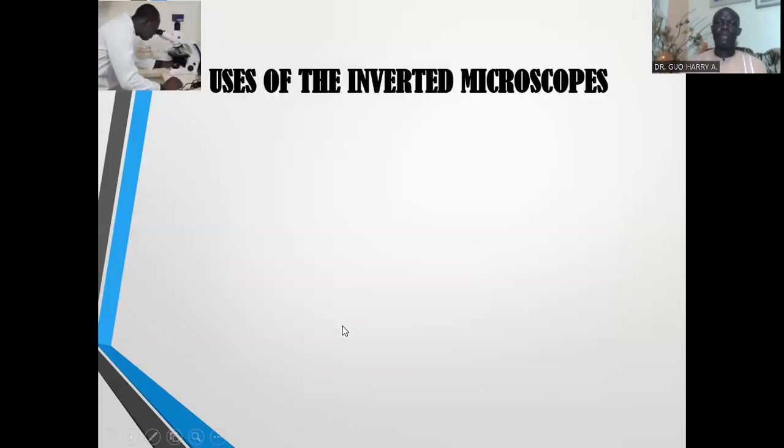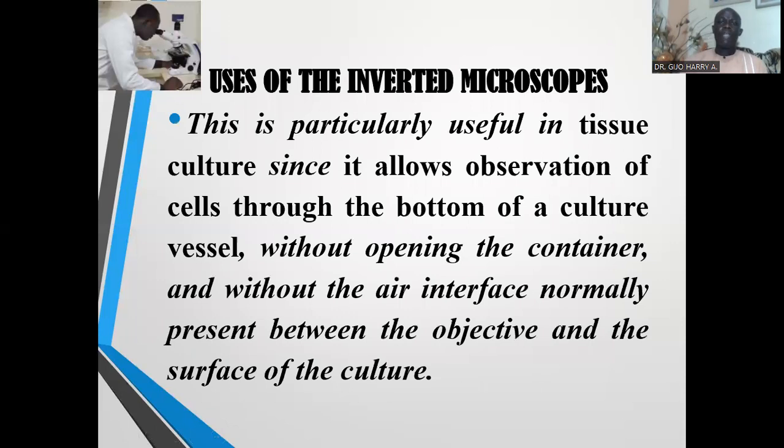What are the uses of the inverted microscopes? The inverted microscopes are particularly useful in tissue culture since it allows observation of cells through the bottom of a culture vessel without opening the container and without the air interface normally present between the objective and the surface of the culture.